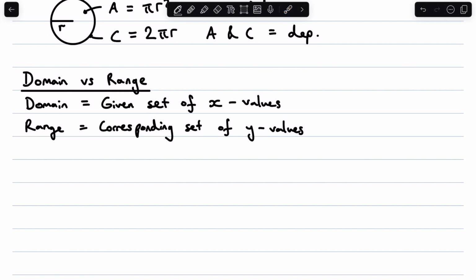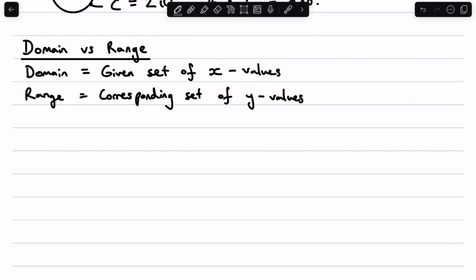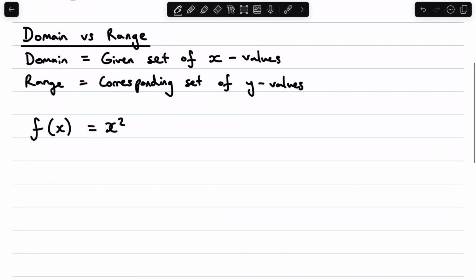So for example, consider the function f of x equals x squared. The domain of this function, so the possible set of x values that we could give it, could be all the real numbers, and then the corresponding range for that domain would be all non-negative real numbers, since squaring a real number in this function f of x can't produce a negative result.